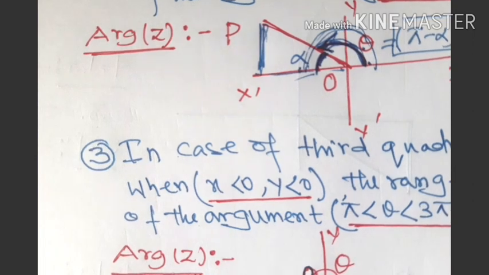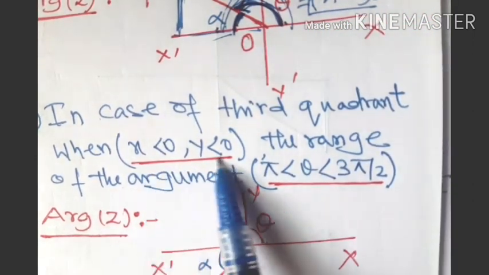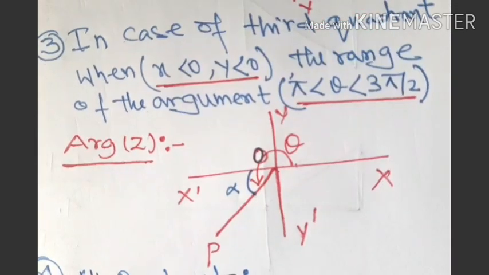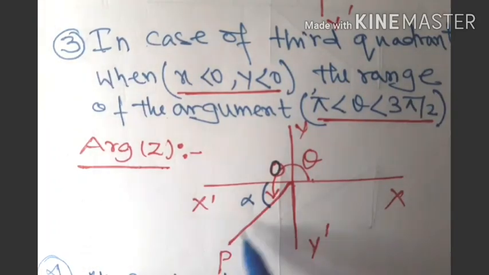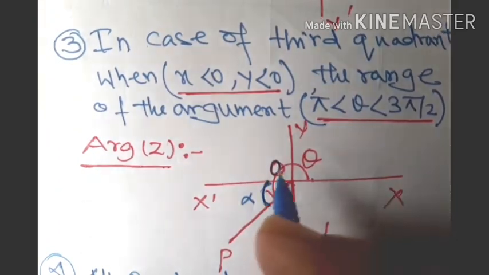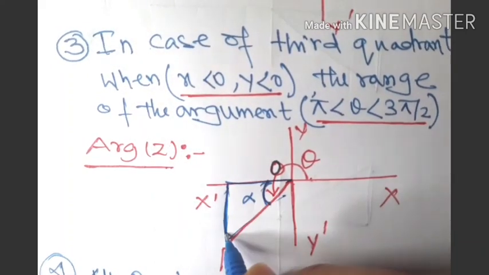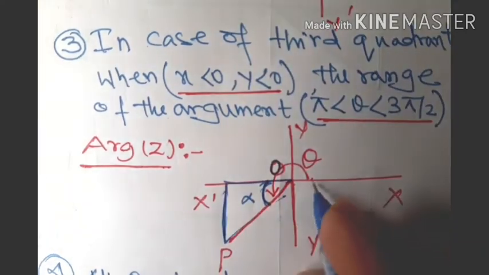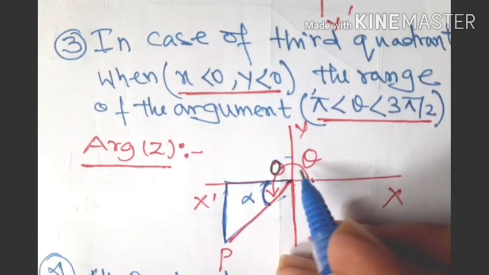In the case of the third quadrant, when both x and y are less than 0, our diagram will look like this. This is alpha, and this angle we can get very easily by using the tan theta formula, but the principal argument we have to count not in this direction. This is the general argument.